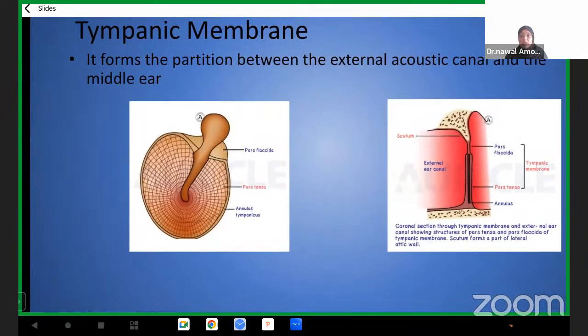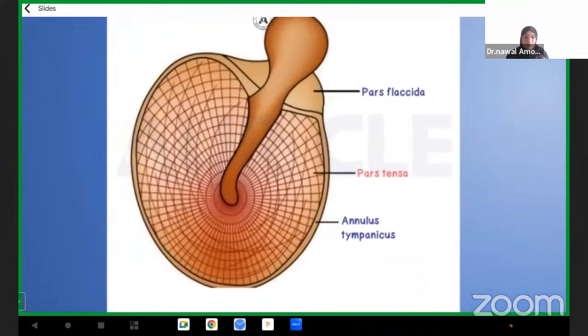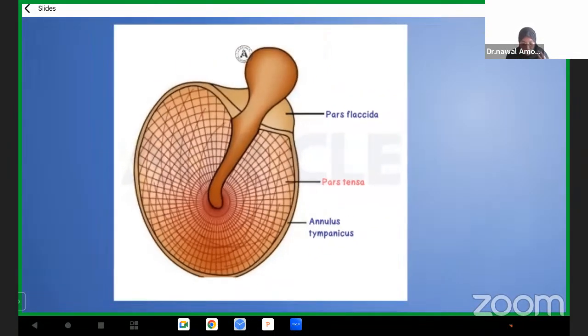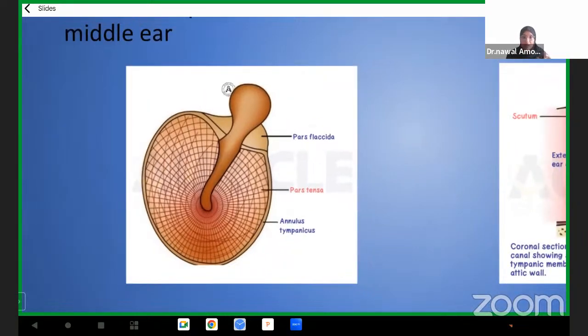If you draw these two diagrams, you have marks in your pocket without writing theory, I'm telling you. In this diagram, you have pars flaccida, pars tensa, and annulus tympanicus. This is how the tympanic membrane actually looks grossly.